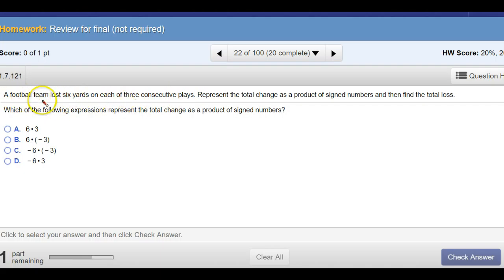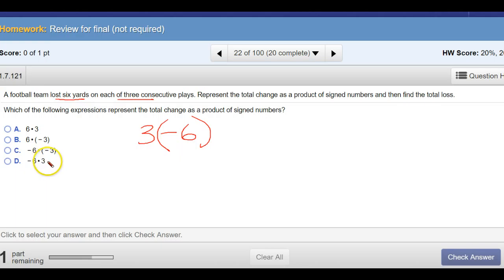So, a team lost 6 yards on 3 consecutive plays. So 3 consecutive plays, and they lost 6. So I would write it like that. And as I look here, I don't see anything like that.